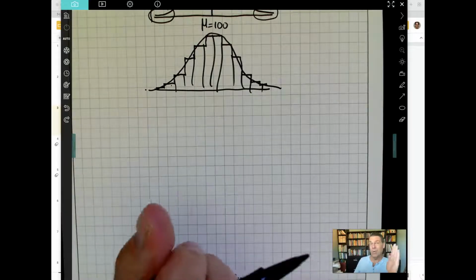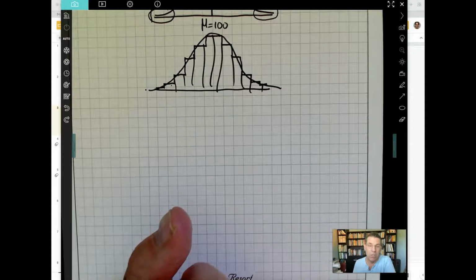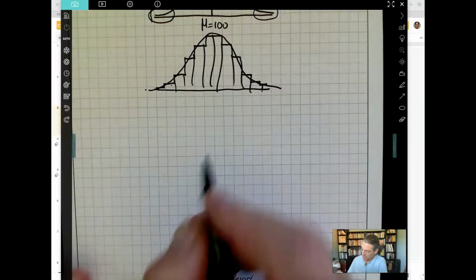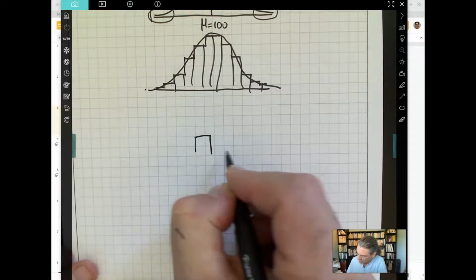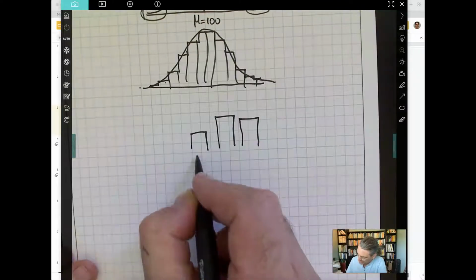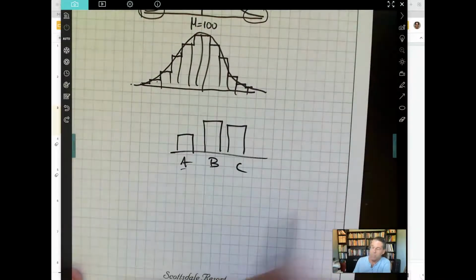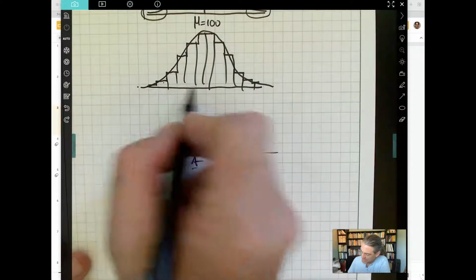But if you have only nominal or ordinal scale, then you want to use the bar graphs. We put a gap between the bars to indicate that these categories down here are not part of a number line, whereas this is a number line.